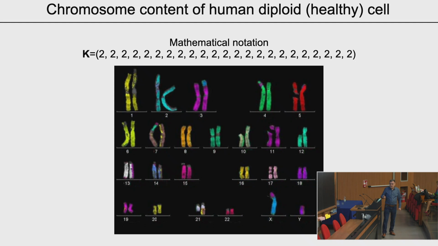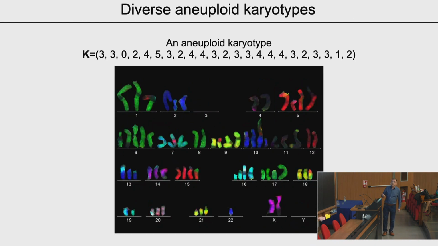In the mathematical description that we are using, we are taking into account that each chromosome can have a certain number of copies, and it is represented by this vector, where each copy number here, for instance, chromosome 1, has 2 copies, and these 2 copies are represented by the number 2, and so on. And this is the case of this healthy cell.